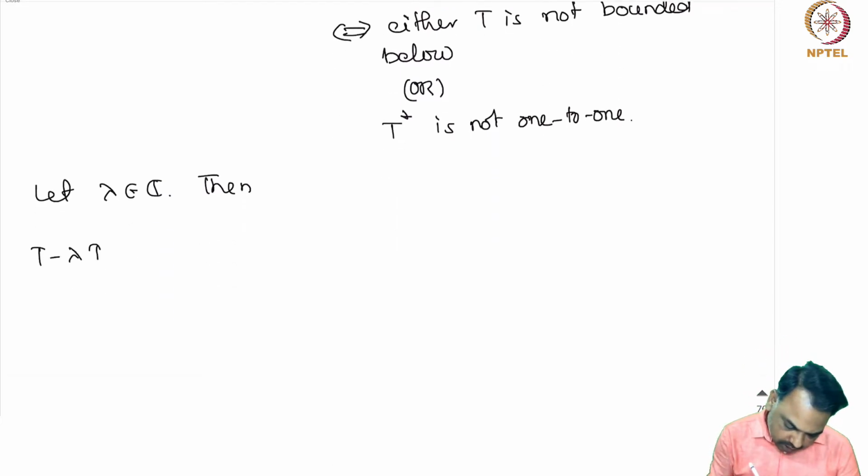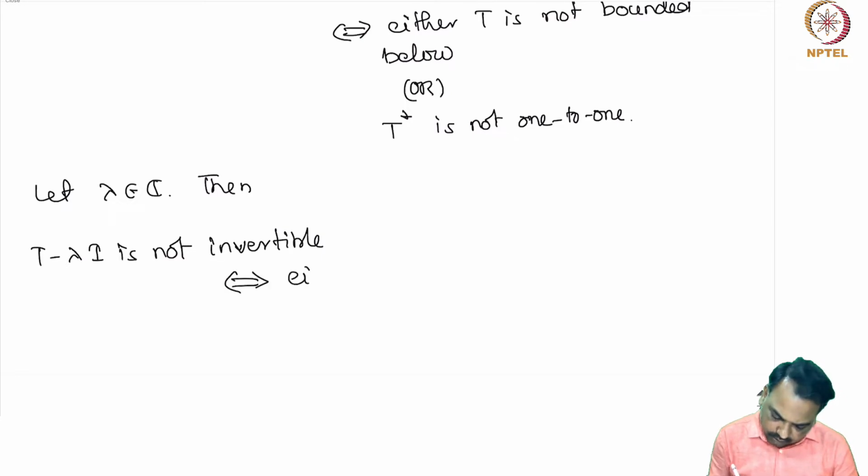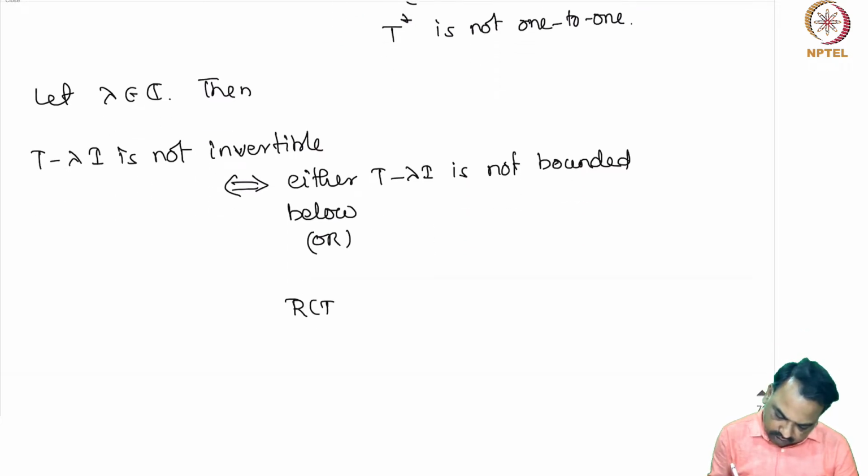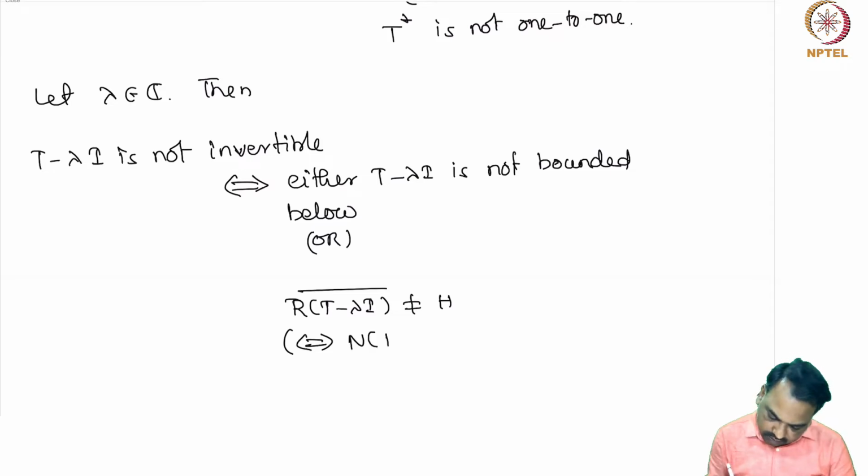Then T minus lambda is not invertible if and only if either T minus lambda I is not bounded below or range of T minus lambda I is not dense in H, or this is if and only if null space of T star minus lambda bar I is not equal to 0.